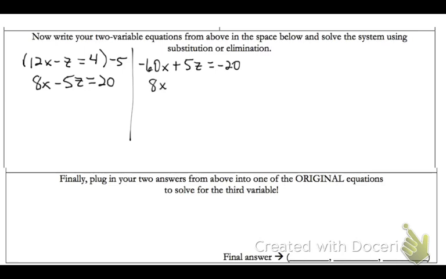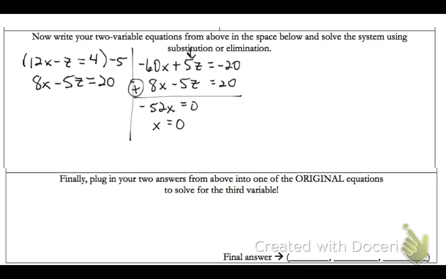And then 8x minus 5z equals 20. Now, since my signs are opposite, I'm going to add. So I'll get -52x equals 0. Divide both sides by -52 and x equals 0.